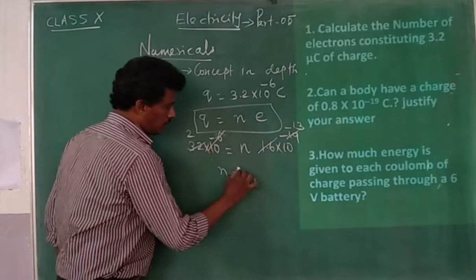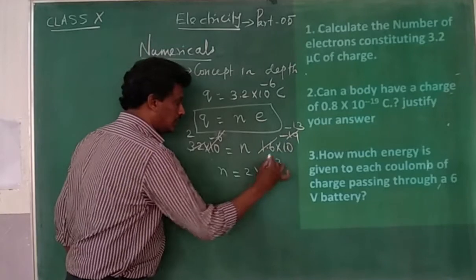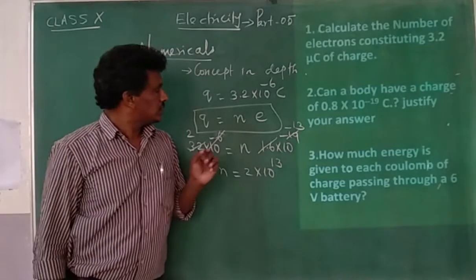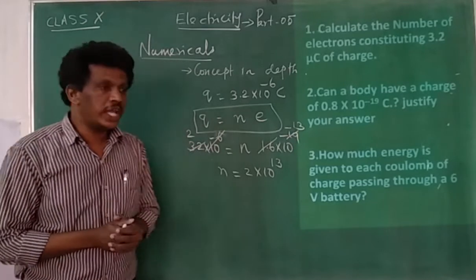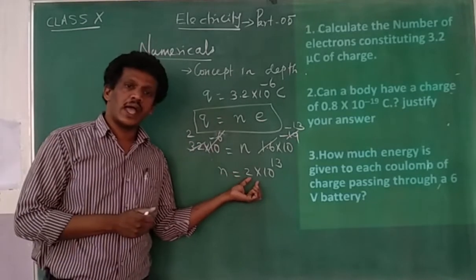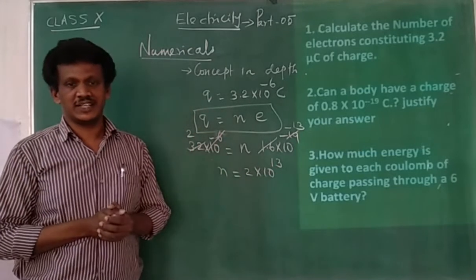So N equal to 2 into 10 power 13. To get 3.2 microcoulomb, 2 into 10 power 13 electrons are required.